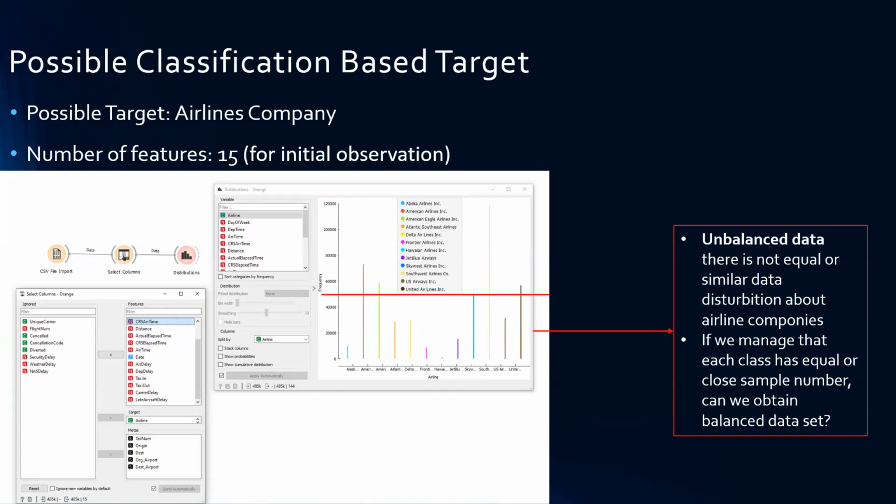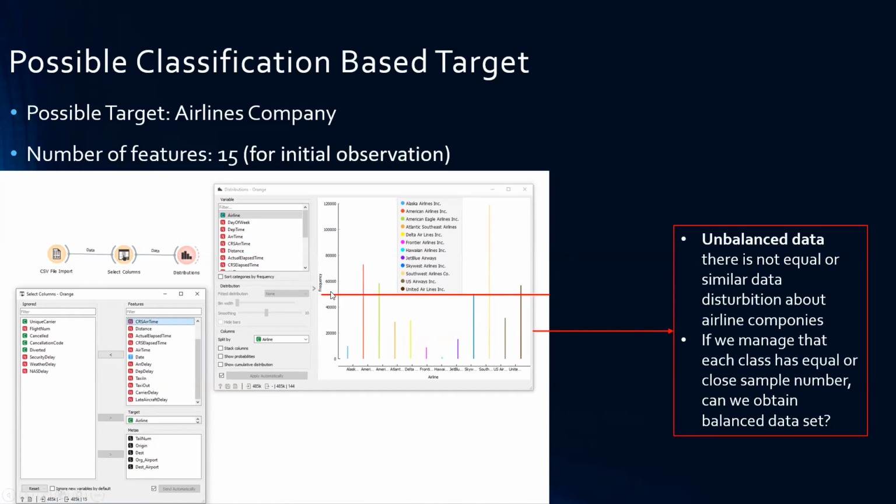Firstly, I would like to mention the classification-based targets. We thought that we could choose airlines company as a target because there are 12 airlines company considered on this data set according to their delay time.